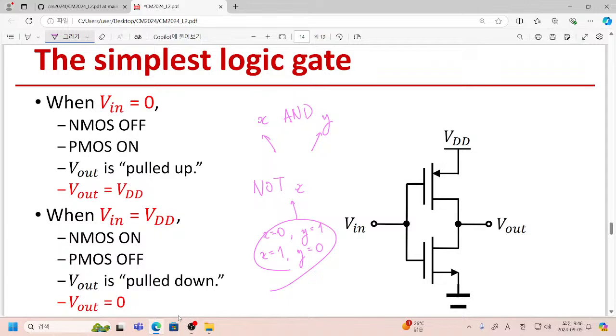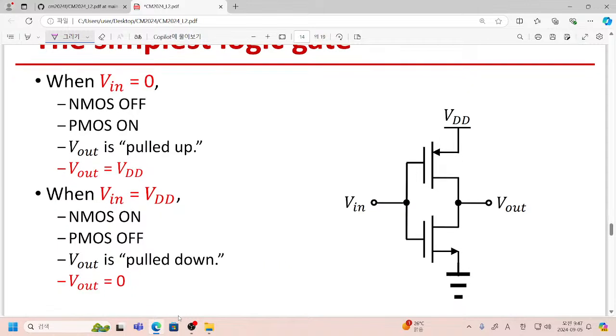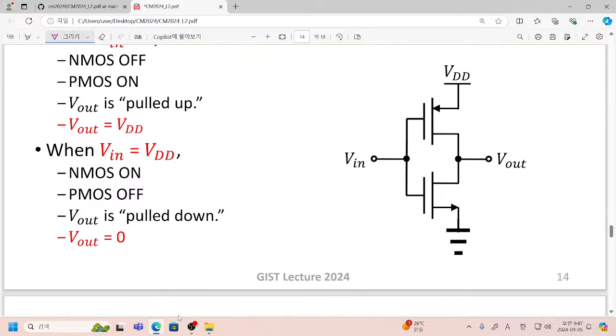Then how can we implement this simple logical NOT operation? By using our NMOSFET and PMOSFET that is shown here. This is a schematic of our CMOS inverter, and let's say that Vin equals 0 volt.